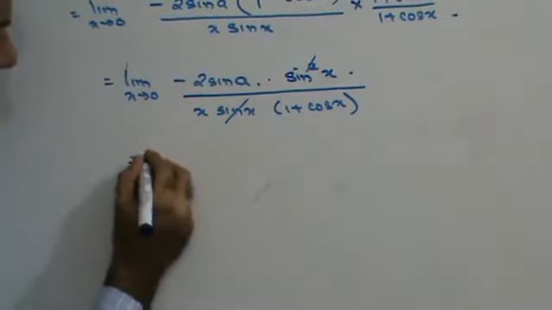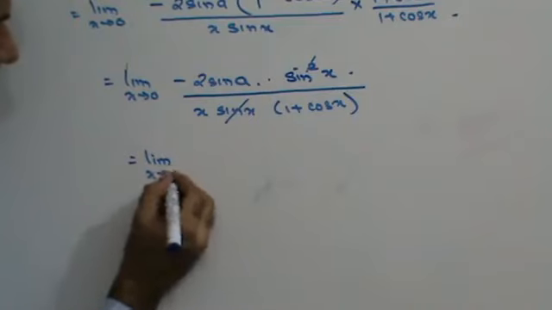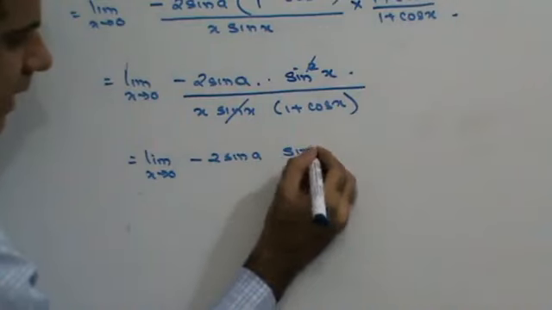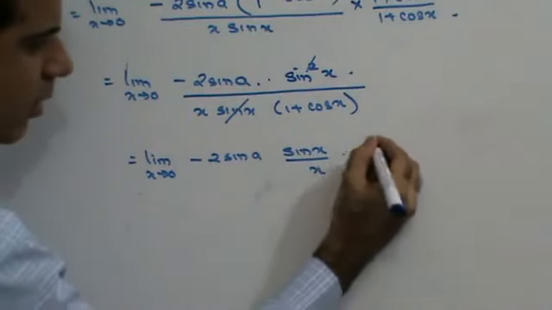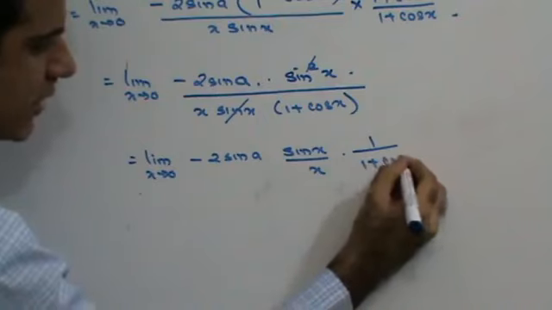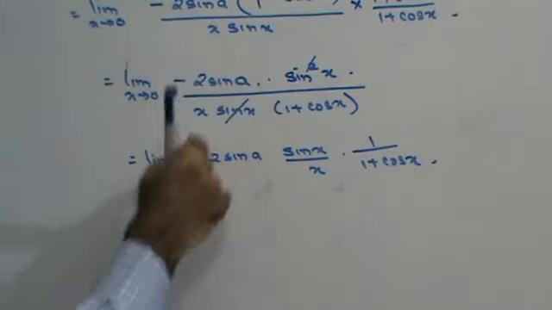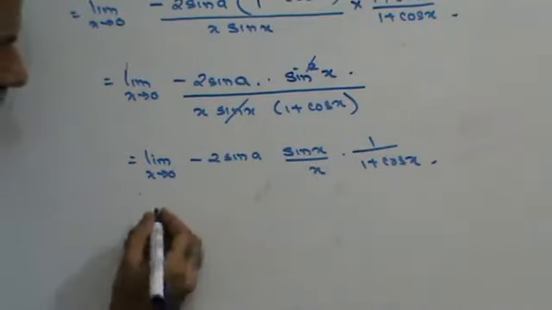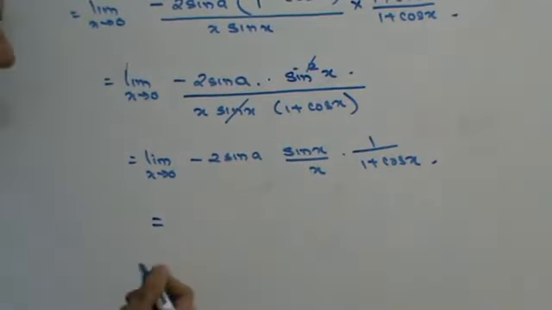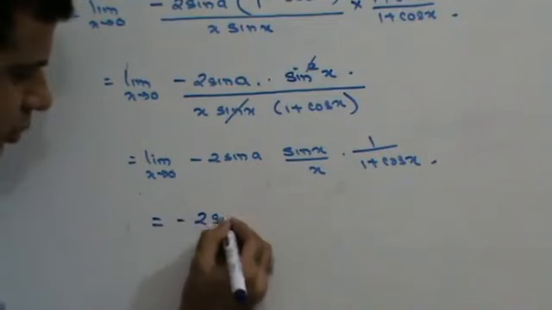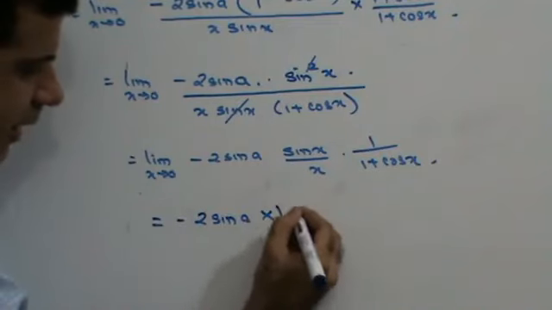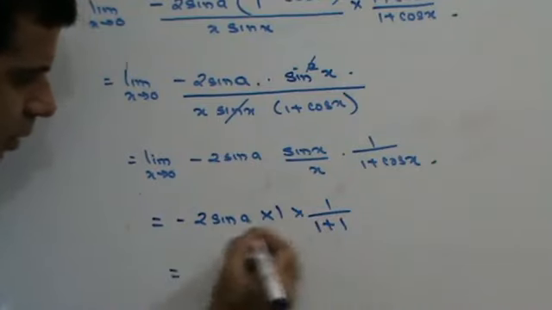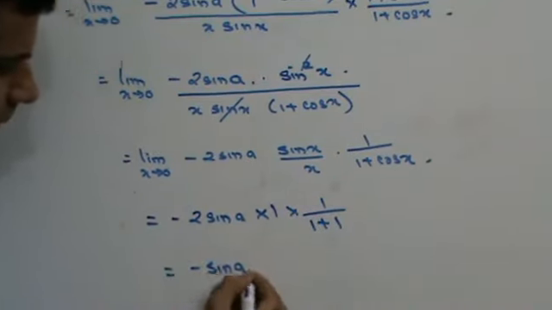So this is going to be limit of x tends to 0, minus 2 sin a, sin x upon x, 1 upon 1 plus cos x. I am just rearranging the terms. Minus 2 sin a as it is, sin x upon x, and this term separately here. Since I have the formula, I can substitute. This is minus 2 sin a, sin x upon x is 1, into 1 upon 1 plus cos of 0, which is 1 plus 1. So answer will be minus sin a.